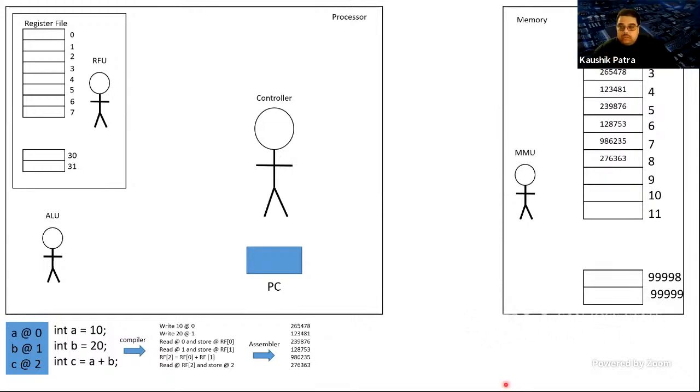Since this program is loaded from address 3, your program counter should be set to 3, and then this whole system starts picking up instructions from address 3 and starts executing. Questions so far?